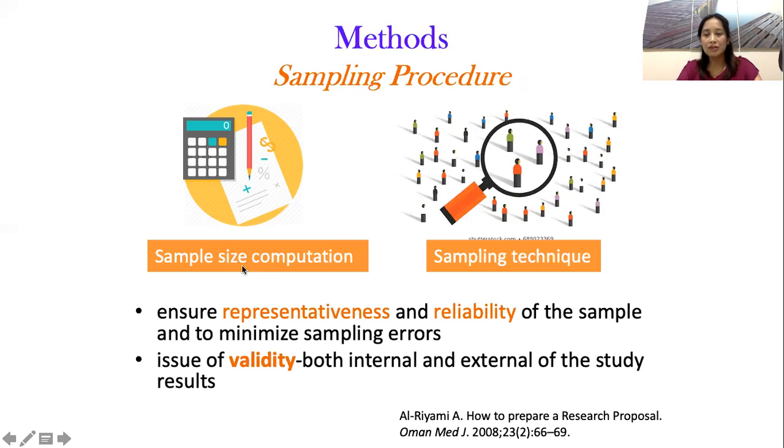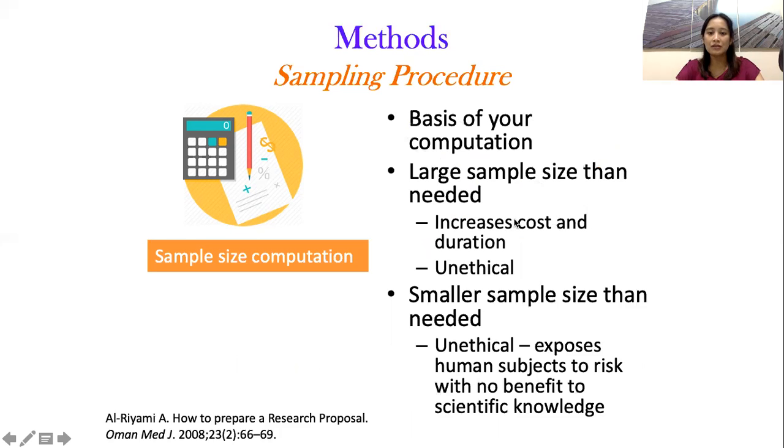You're not sure whether there is no significant effect because it's really not significant, or because your sample size is too small to generate a valid conclusion. No? So that's to minimize sampling errors. There's an issue of validity, both internal and external, of the study result.